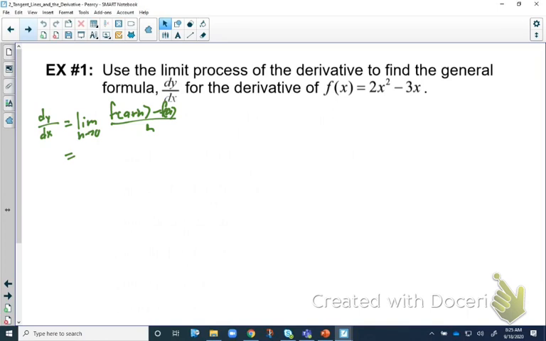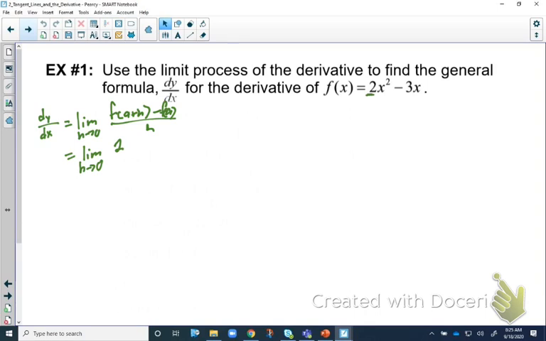This is something that you should be able to do if you understood what we were looking at in the last video, the last section of notes: we take the inputs and use them in the function that was given to us. We have to include the limit notation until we actually take the limit of something. So I'm going to say 2, because that's the first coefficient.